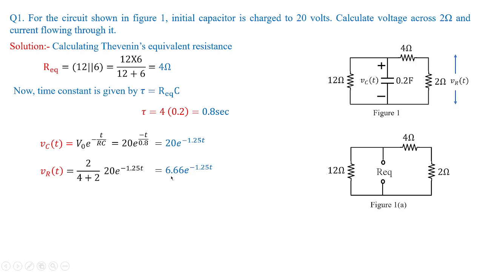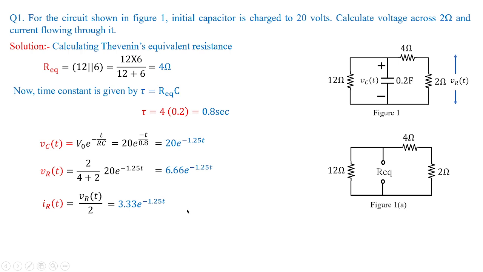That value is 6.66 e to the power of minus 1.25 t. I hope you understood this solution for calculating VR of t. Once we are done with VR of t, we can easily get IR of t, which is VR of t by 2. So this answer would be 3.33 e to the power of minus 1.25 t.